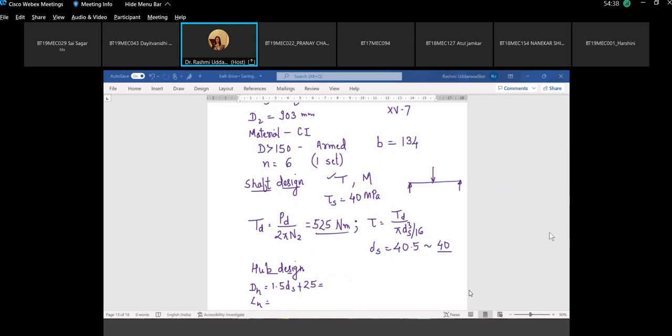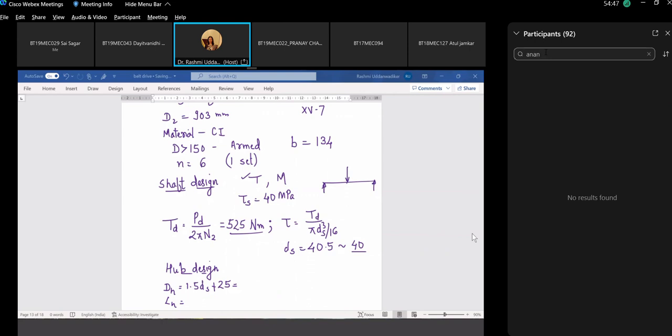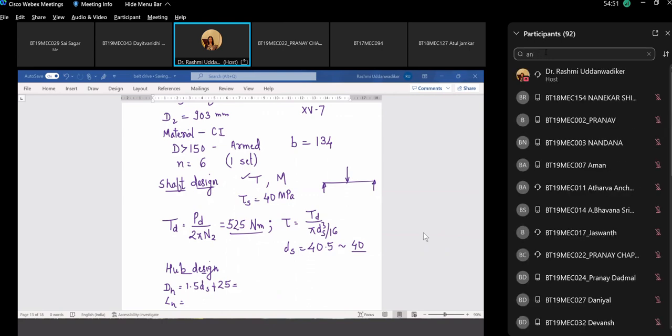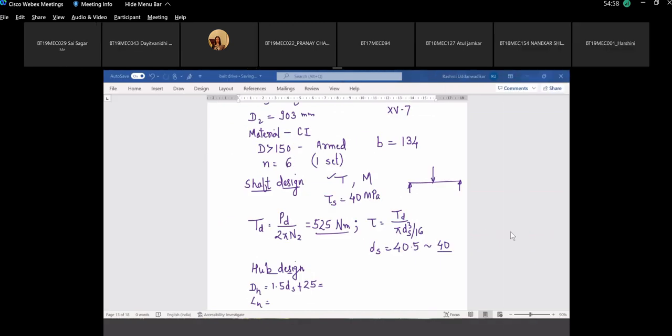Ananta, if you are there, please mark them absent, 49 and 50. Roll number 52. Roll number 52, you are there? Okay, by which name normally your friends are calling you?